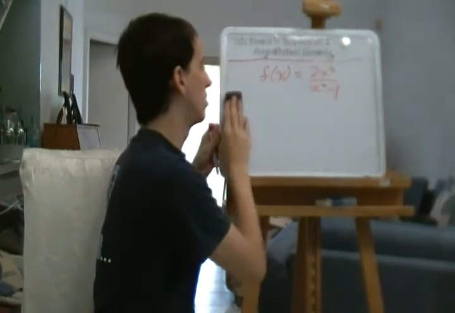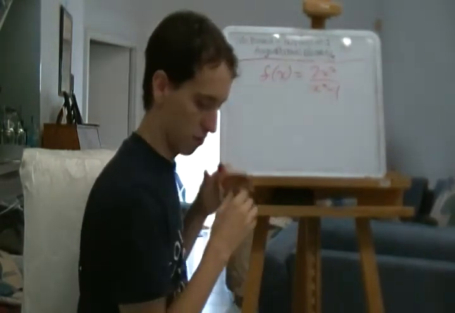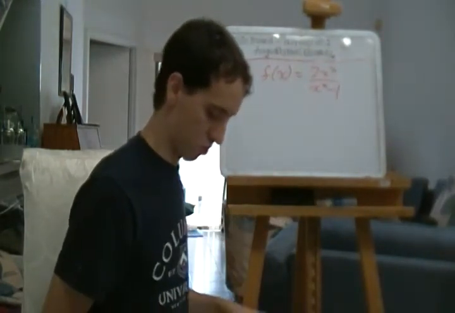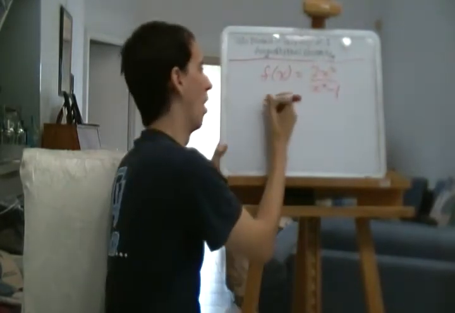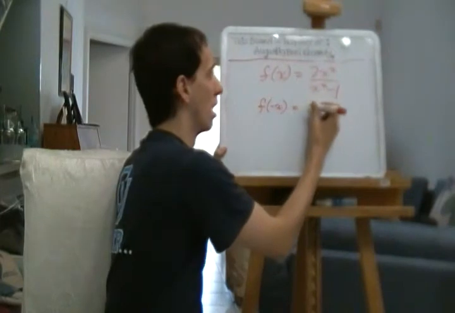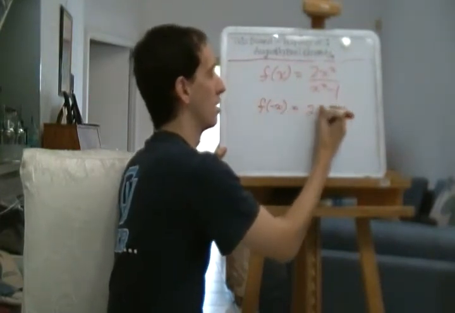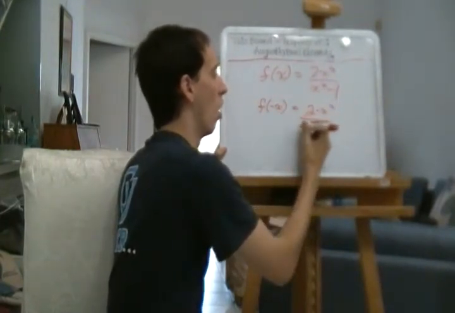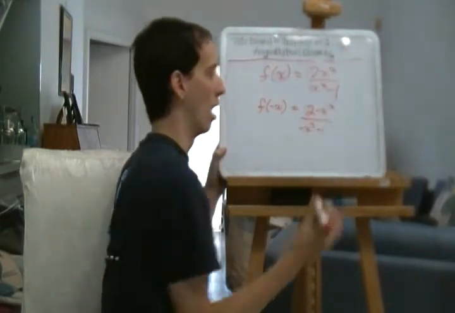Now, is this function symmetric or is it not? Well, let's check it out. Let's check for even first. f of -x is 2 times -x squared over -x squared minus 1.